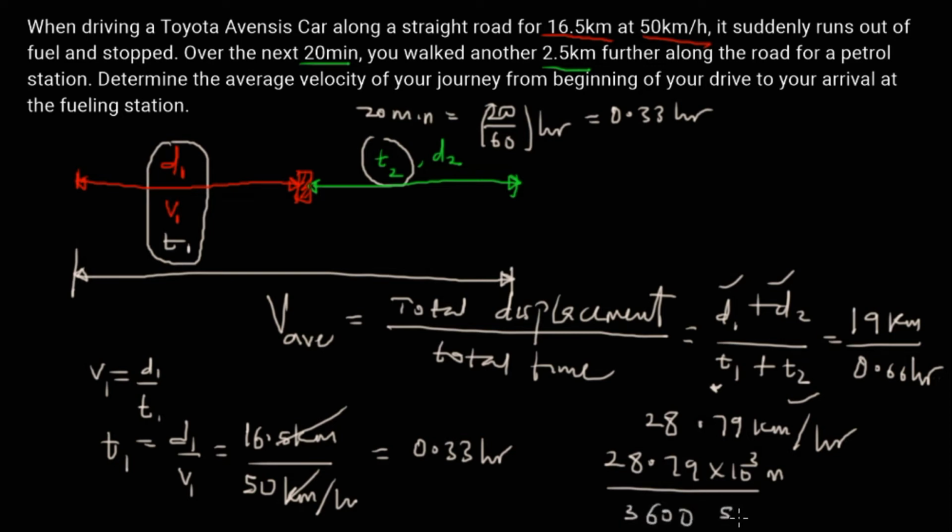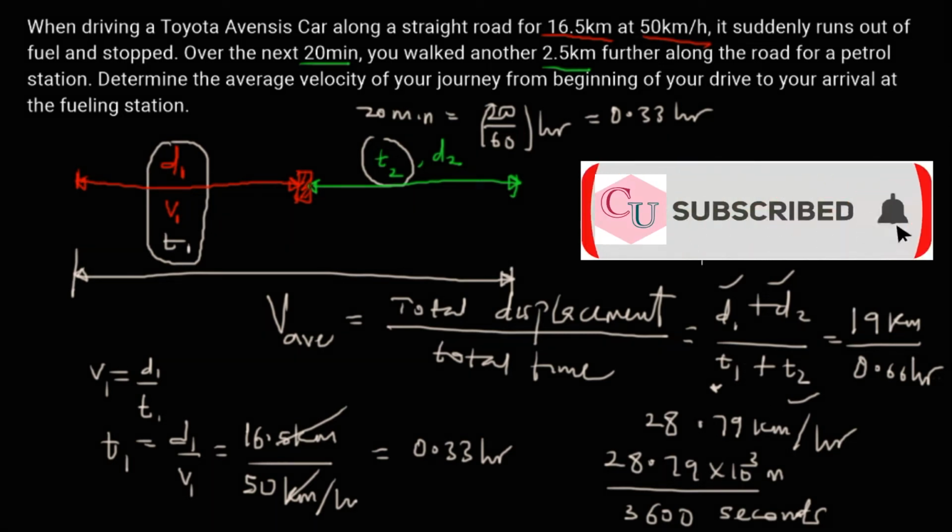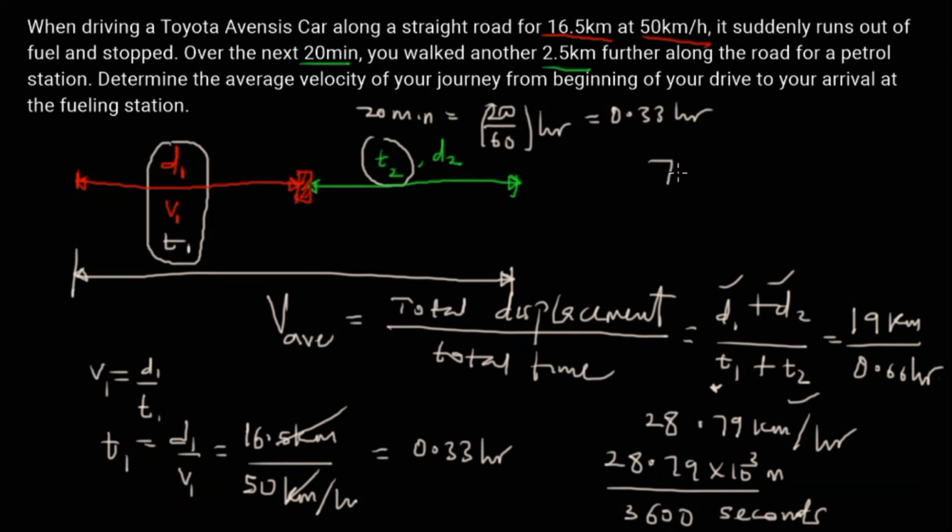So we'll have 28.79 times 10 to the power 3, divided by 3600, which is equal to 7.9, and can be approximated to 8 meter per second.